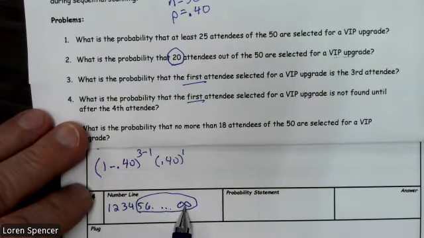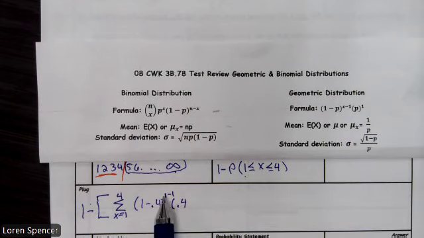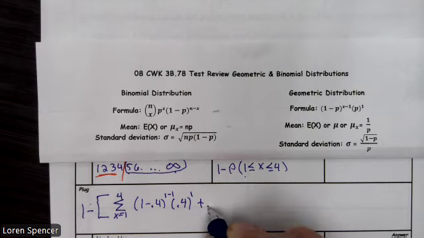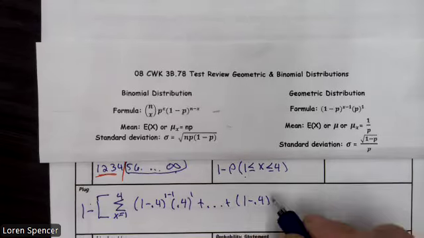So 1 minus 0.4 raised to the first power, because we start at the lowest, times 0.4. Make sure I subtract 1 because that's what's in the formula. 1 minus 1 times 0.4 to the first power, plus dot, dot, dot, plus 1 minus 0.4 to my highest value, which is 4, 4 minus 1 times 0.4 to the first.